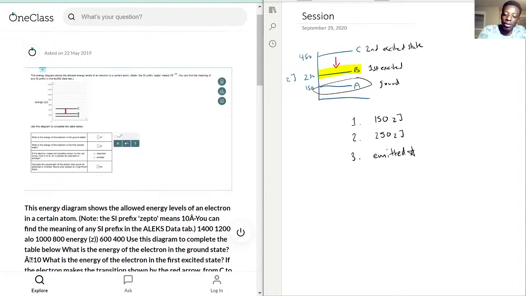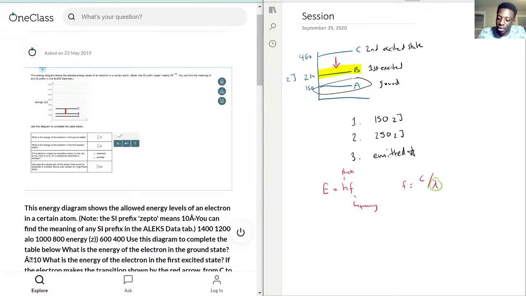To find the wavelength, we use the formula that energy is equal to hf, h being Planck's constant and f being frequency. And we know frequency is equal to the speed of light, c, over the wavelength. We are looking for the wavelength.